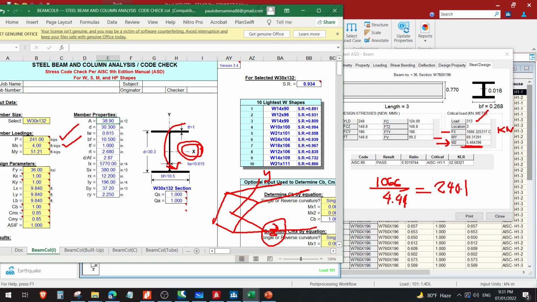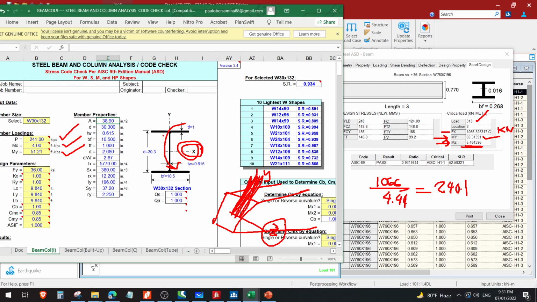Then, sa MY, which is, ito, the weak axis, ang na-absorb niya is 69 kilonewton meter. Medyo malaki, no? 69.32 kilonewton meter. And if you convert that into kip-feet, that is 51.21.